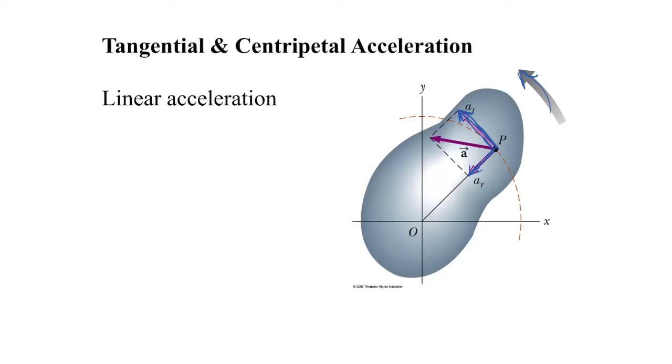Okay, and so we can calculate these linear accelerations, the tangential one and the centripetal one. Well, we already know how to do that. Our first thing here is our tangential acceleration. What we do is we take r, the radius, and multiply that by our angular acceleration.